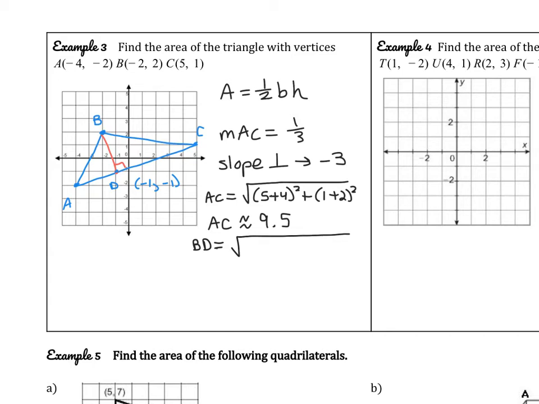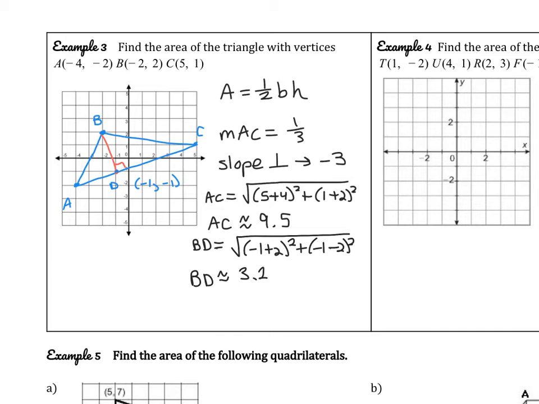B to D, we can do -1 minus -2, so plus 2, and then -1 minus 2. Again, we'll get a decimal approximation. Here we get a length of approximately 3.2.